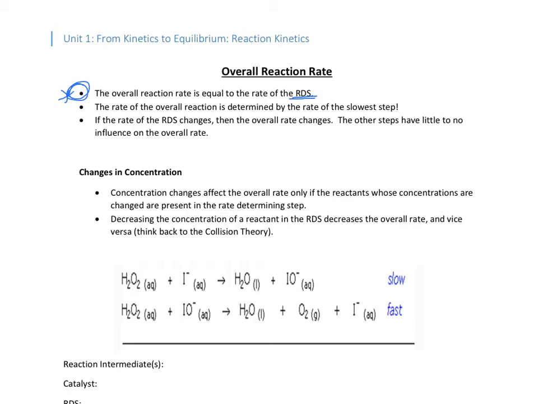If you want to eat faster than normal, you have to find a way to cook the turkey faster because that's the slowest step. So the rate of the overall reaction is determined by the rate of the slowest step. If the rate of the rate determining step changes, then the overall rate will change. The other steps have little to no influence on the overall rate.